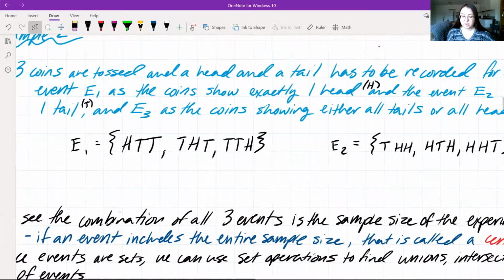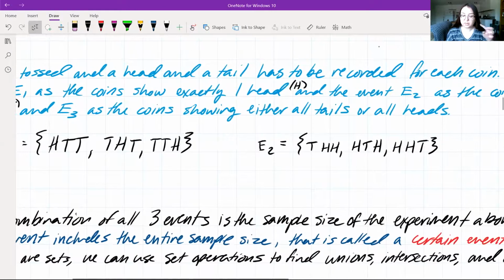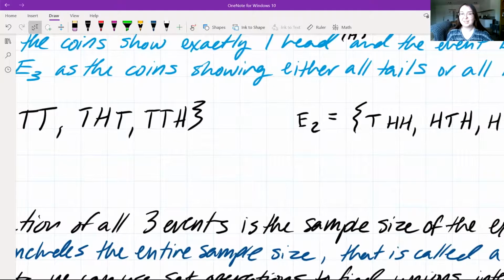Now for E3, we want the coins showing either all tails or all heads. Since we know it has to be all tails or all heads, there's only 2 ways, so there's only one way to have each one.